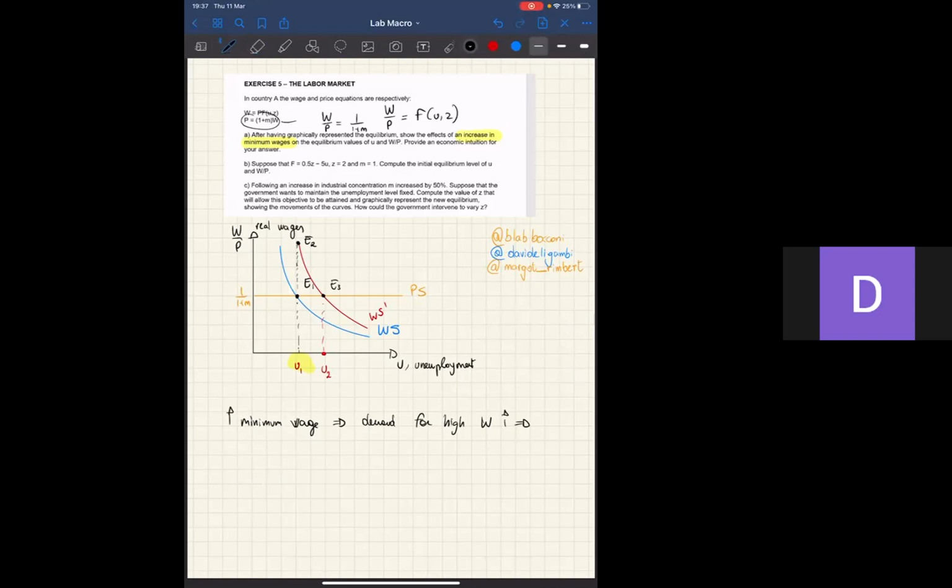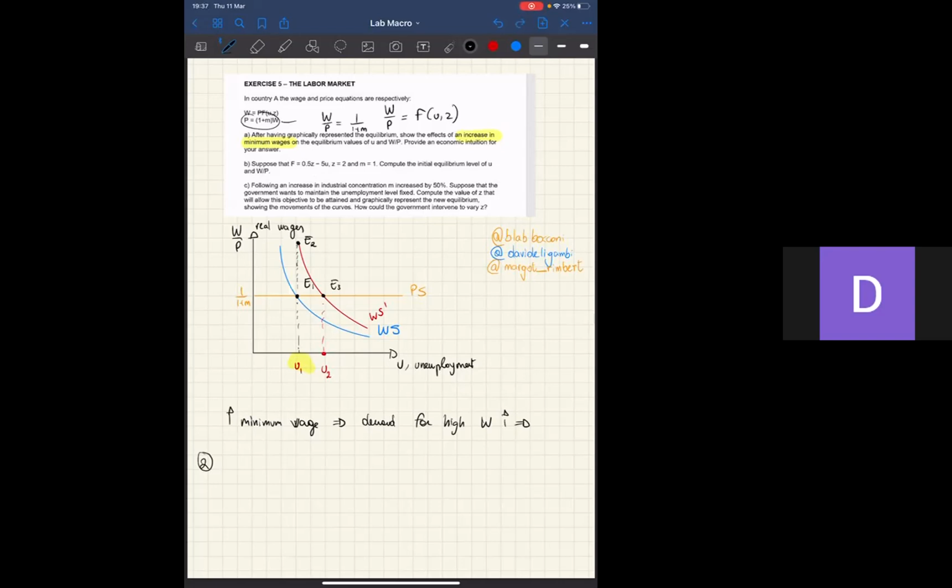So this was for the first point. The second one is going to be way quicker because it's basically just basic calculus. They say, suppose F is equal to this formula with these variables, and we have to compute the initial level of U, so it would be our U1.